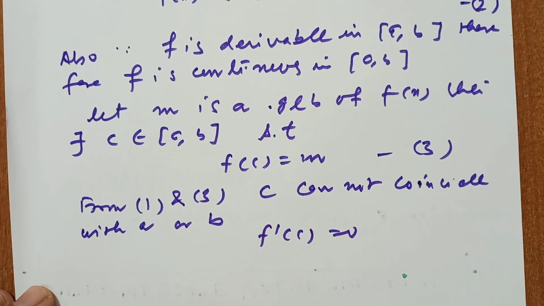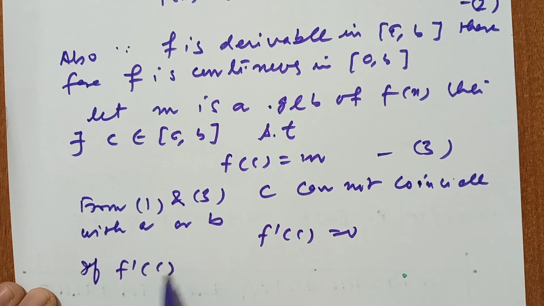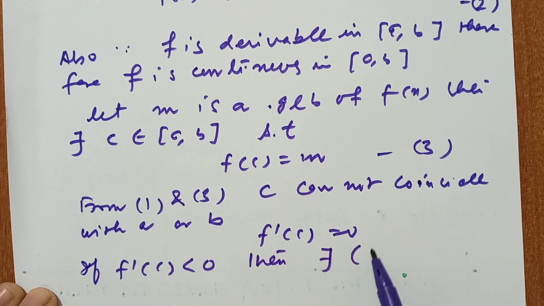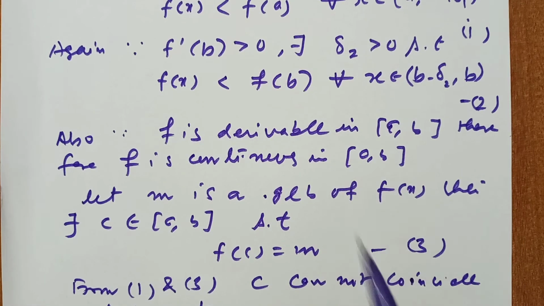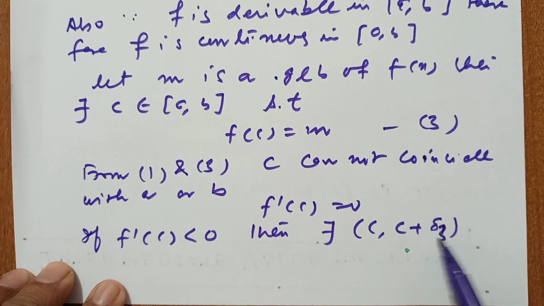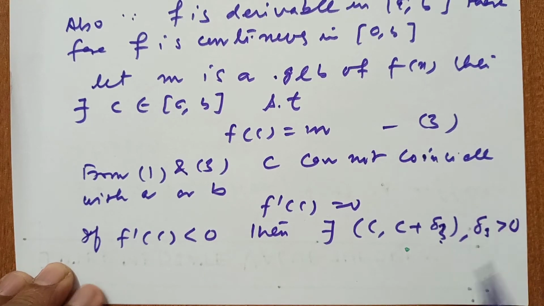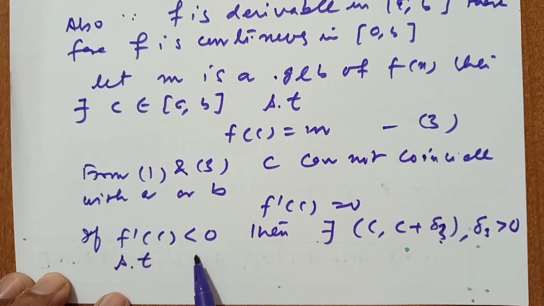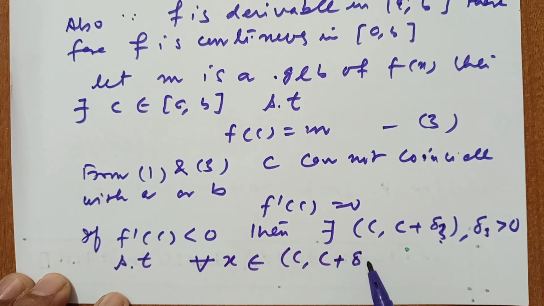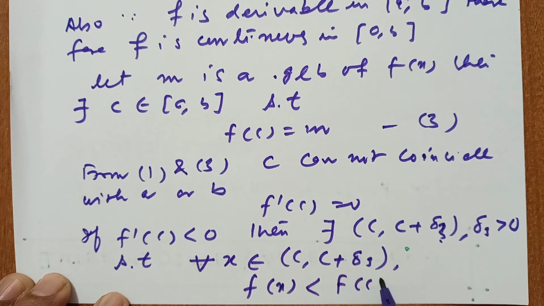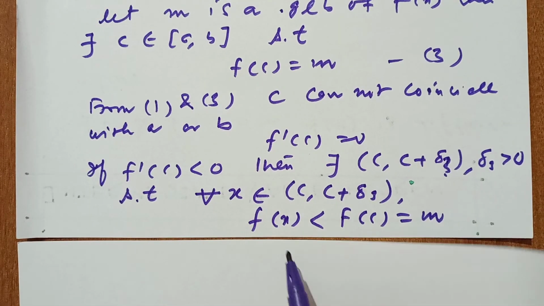Now if f'(c) is less than 0, then there exists an interval (c, c plus delta 3), where delta 3 is a positive real number, such that for every x belonging to this open interval, f(x) is less than f(c), which equals m. And this is a contradiction.